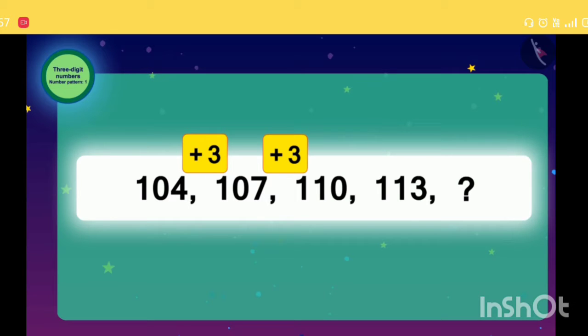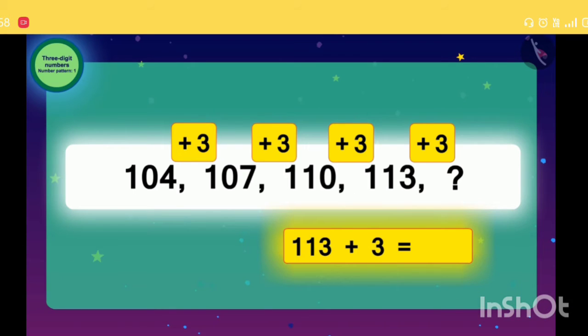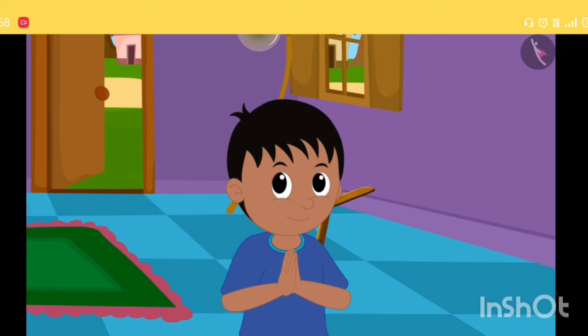Similarly, we can add 3 to every number and find the next number. To find the next number, we have to add 3 to 113. So if we add 3 to 113, then the next number would be 116. This will be the answer to the code.